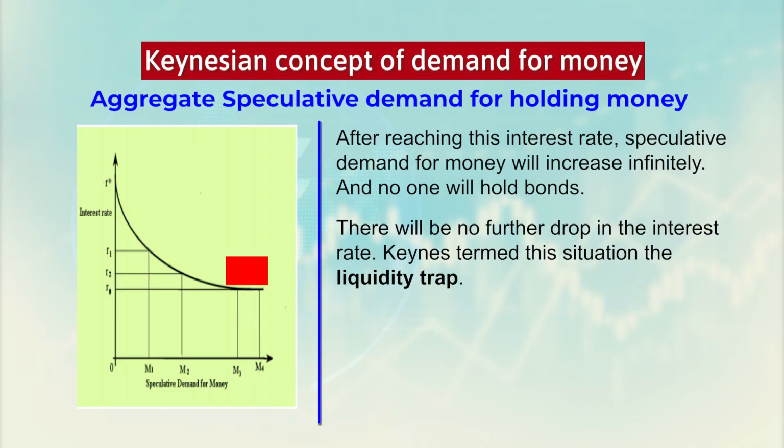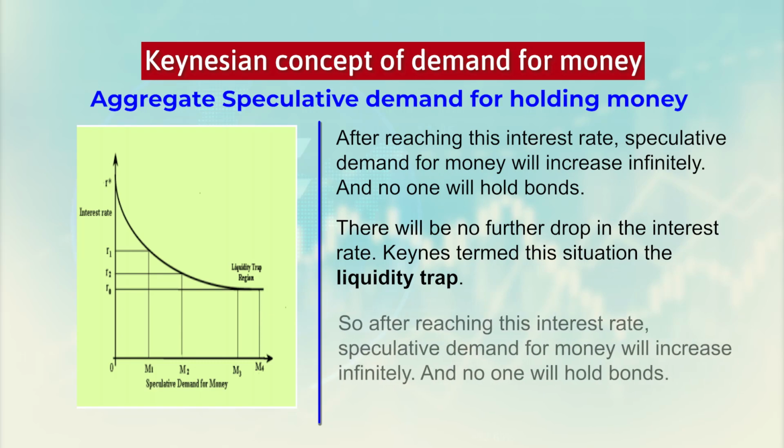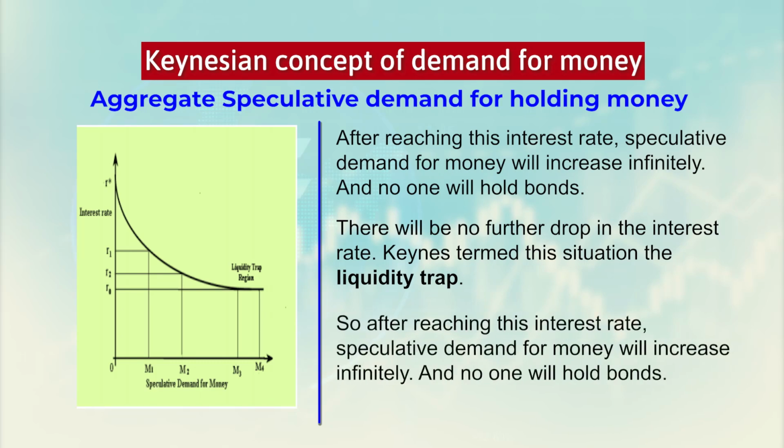This liquidity trap means that at a very low rate of interest, all investors would expect the interest rate to rise substantially in the future. At this rate, there is a general expectation of capital loss, what I explained before. When the rate of interest is very low, the possibility of capital loss is very high. So, after reaching this interest rate, speculative demand for money will increase infinitely and it becomes horizontal.